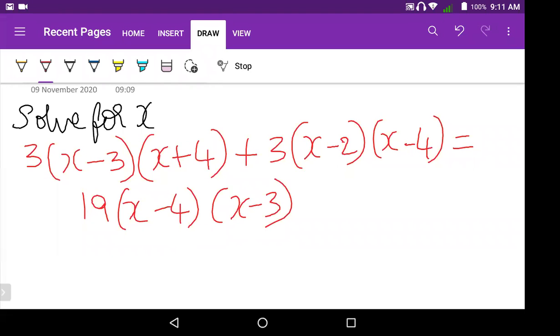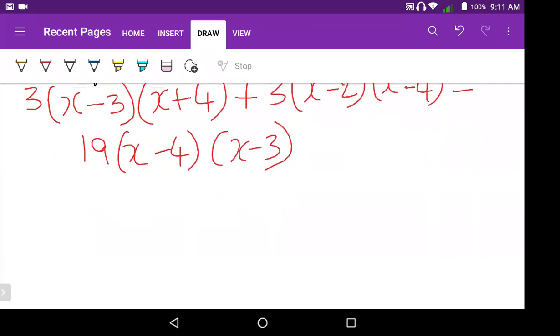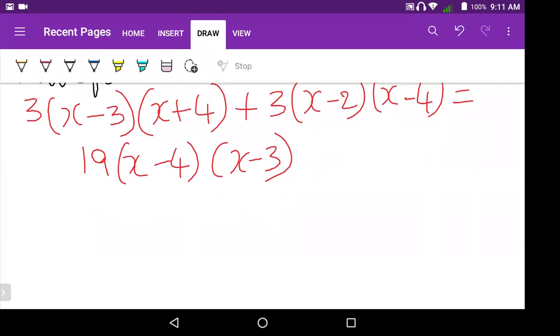Now here in the question, we have to do the multiplication part of the equation, and then we'll have to derive one equation from this complete question. Okay, so let us start solving it. Now, first we are going to take this expression 3 into x minus 3 into x plus 4.